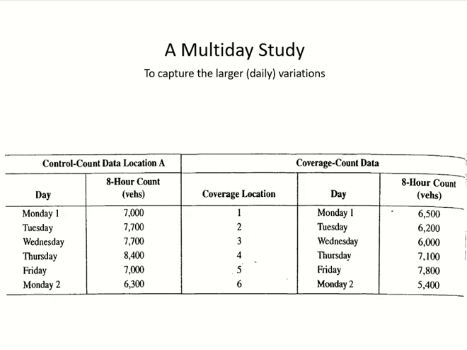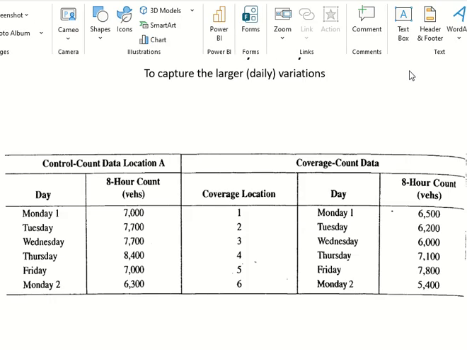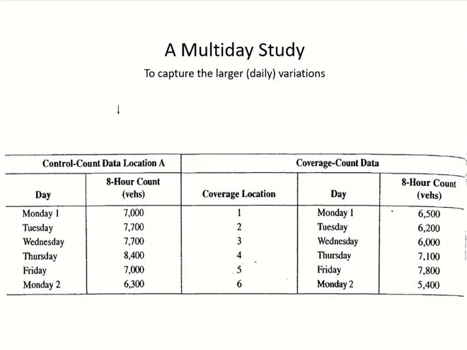So here I will take the daily average. Got it? What is the daily average for location A? It's a simple average. You just take the numbers and do the average. That's it.